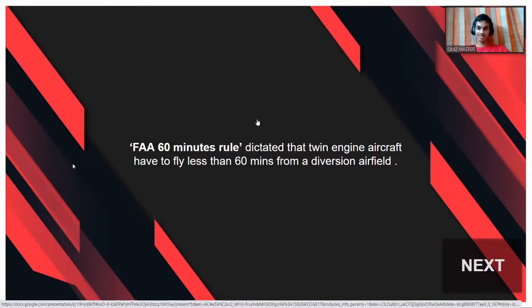This certification allowed twin engine planes to fly more than 60 minutes away, 120 minutes, 180 minutes away from a nearby airport. So they could cross the really big oceans and fly intercontinental routes, which were previously limited to 3 and 4 engine planes.